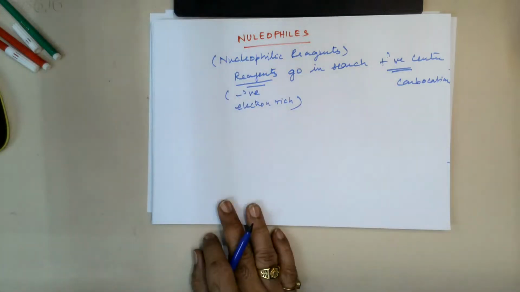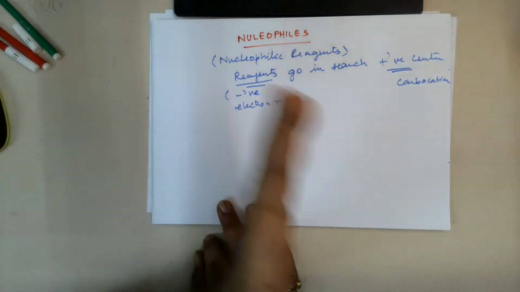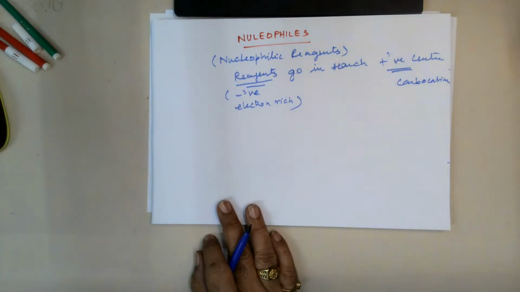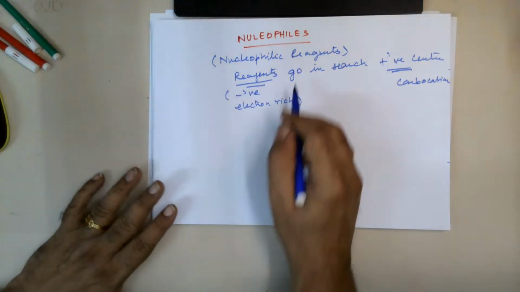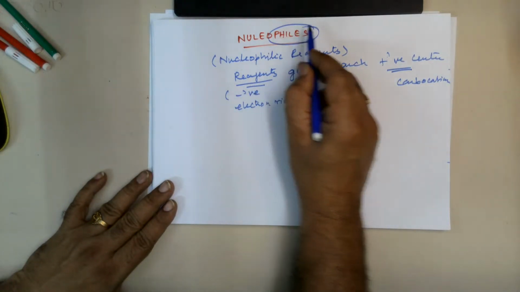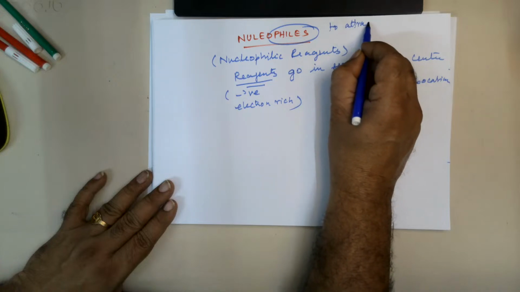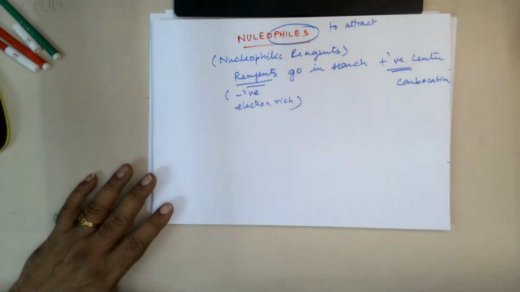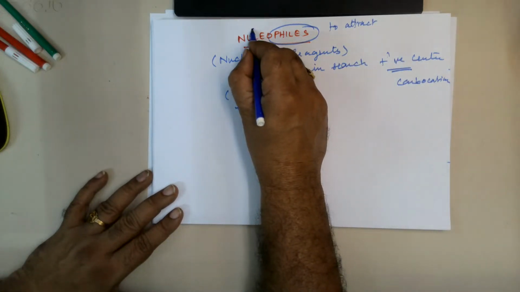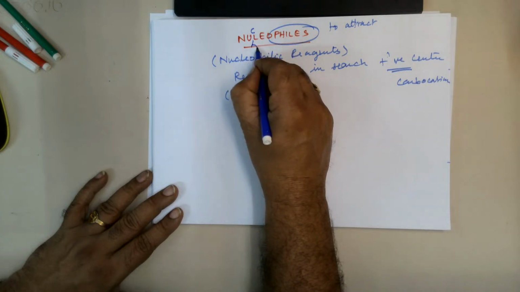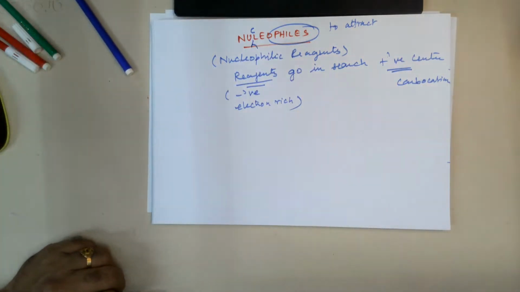So what are nucleophilic reagents? Nucleophilic reagents are negative and they are electron rich. They go in search of a positive center because phile means to attract, to love, to go in search of. So which can attract the positive center? Only the negative. So nucleo, N-U-C-L-E, nucleophile.